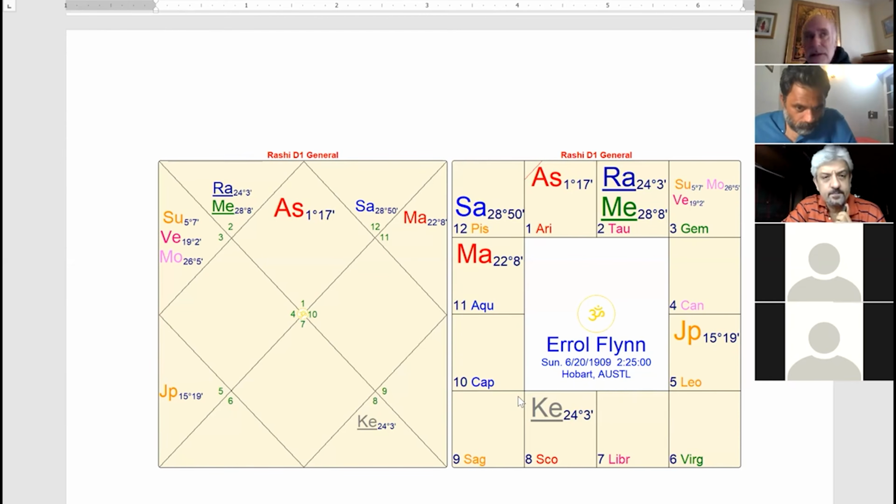And there's an interesting sutra in Jaimini that says from the Karakamsha Lagna, if the Moon and Venus are there, then a person lives in a palatial home, and that it could also make one a sailor.